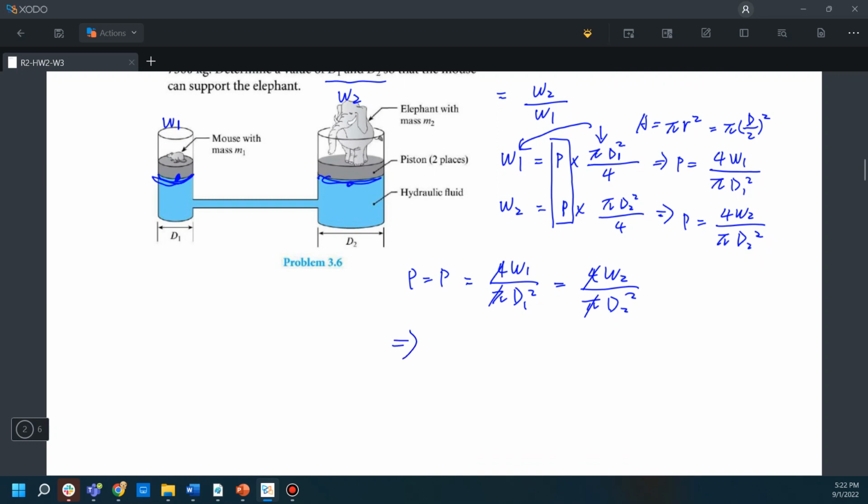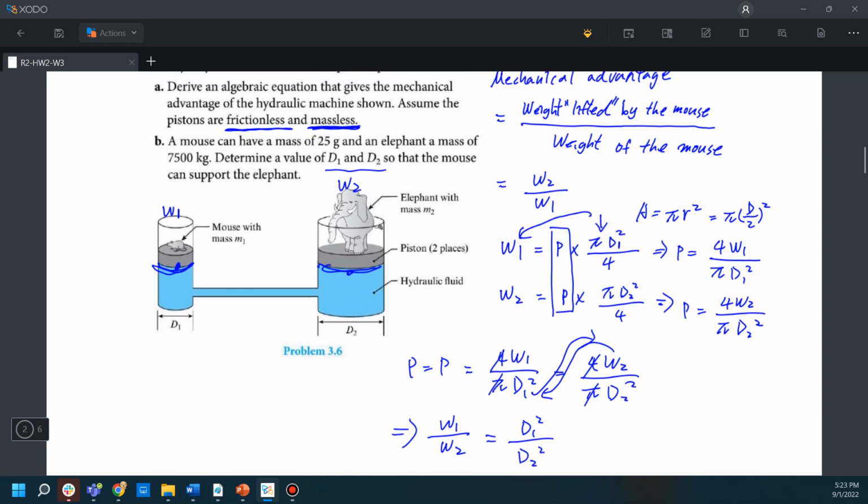So we reorganize this equation a bit, move this W to the bottom part here, move this D1 to the upper part on the right hand side. So we will get that W1 over W2 is equal to D1 squared over D2 squared. Okay, so this is the mechanical advantage.